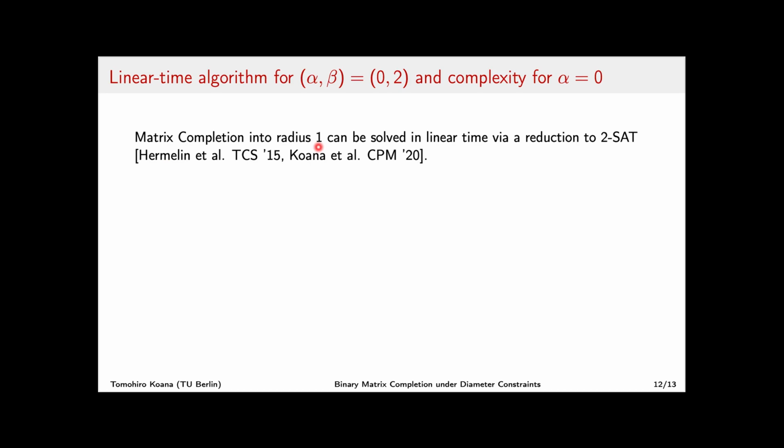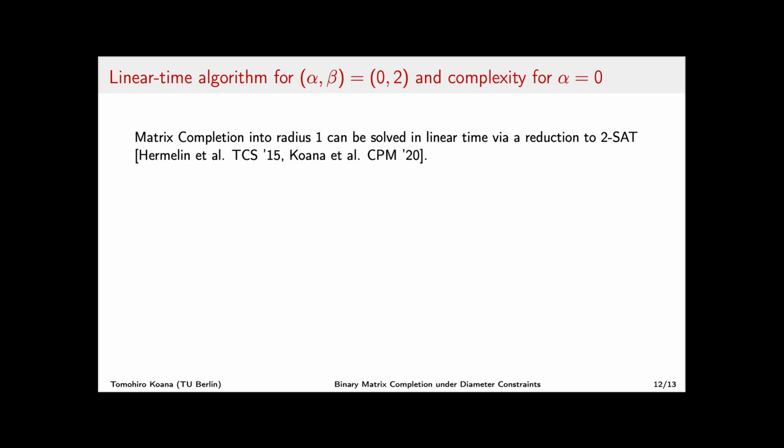So now, for developing a linear time algorithm for alpha is equal to 0 and beta is equal to 2, we just need to solve the case when L is at least 5. And to do so, we use the known fact that the matrix completion into radius 1 can be solved in linear time by reducing to 2SAT.